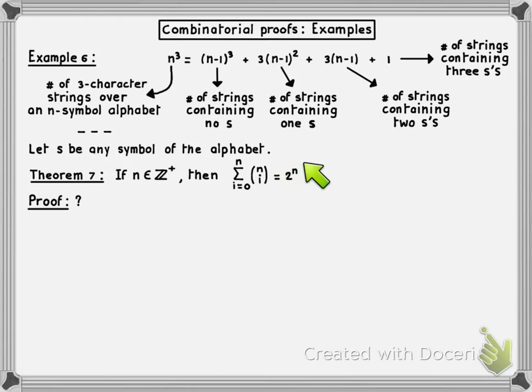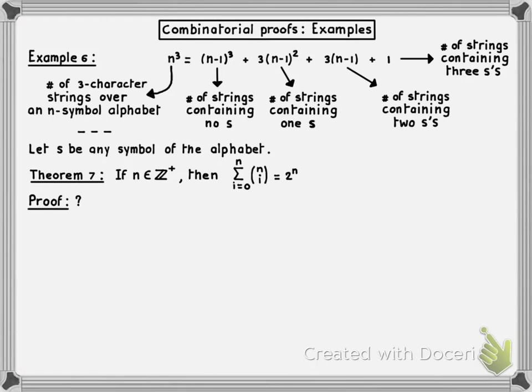It's the size of a set, which is... That's right, this is the size of the power set of the set of size n. So in other words, this is the number of subsets of a set of size n. So now all we have to do is to prove that this expression here is just another way of counting the number of subsets of a set of size n.